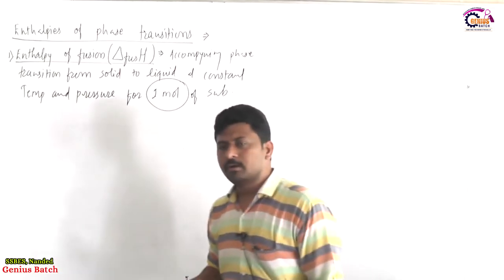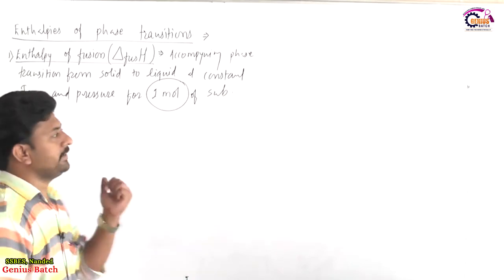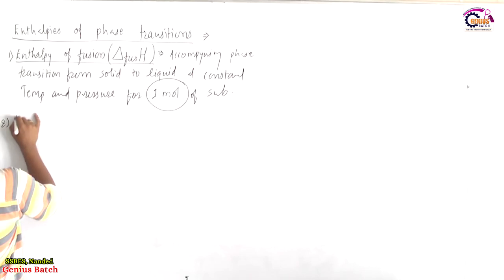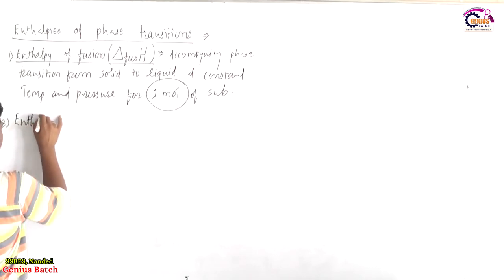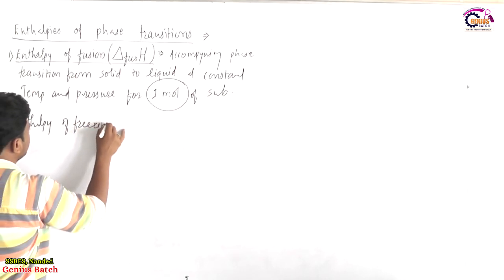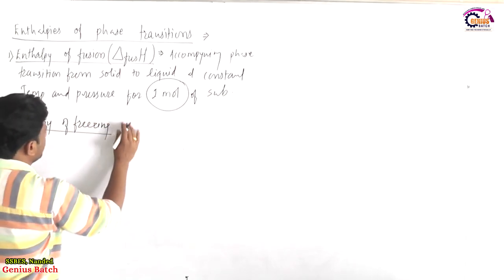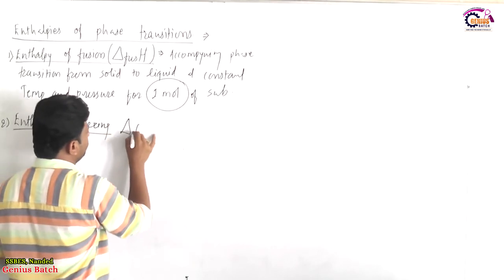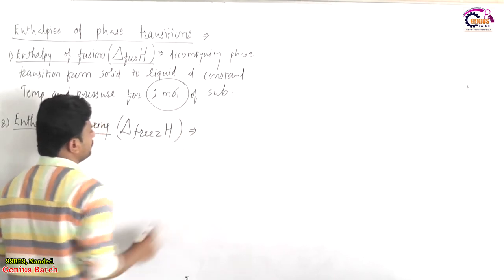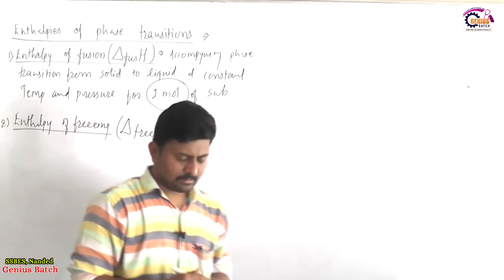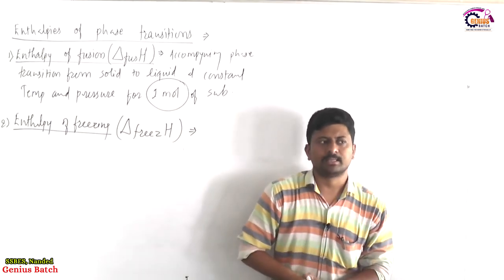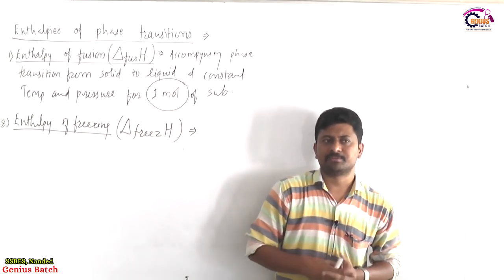Now when we come to the reverse transition from liquid to solid, it is called freezing. So enthalpy of freezing, or enthalpy of solidification, will be the reverse of fusion, and it is represented as delta freeze H. We have a basic guideline for enthalpy change, and that guideline is that enthalpy is a state function.